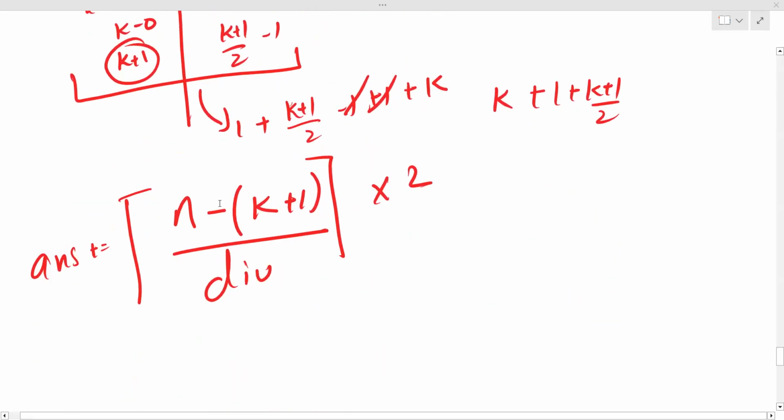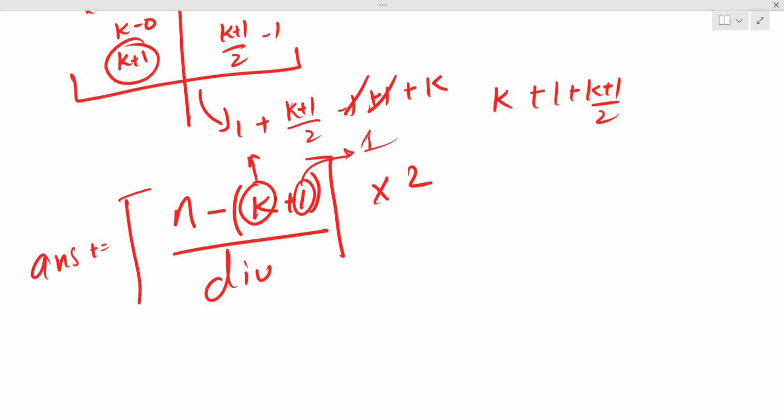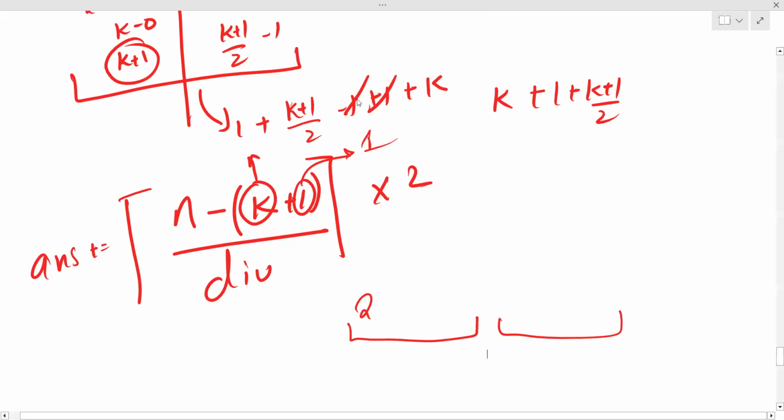This n minus k plus 1, right? You can unmute yourself. Okay, so we started from 2, so making similar blocks throughout. Yes. So that's why we are subtracting k plus 1 from it and again dividing by div. Yes. This k denotes those k zeros, and this 1 denotes we put at starting. Yes. Okay. So once we remove this, we'll have our block starting from 2. Okay, sir. Got it.